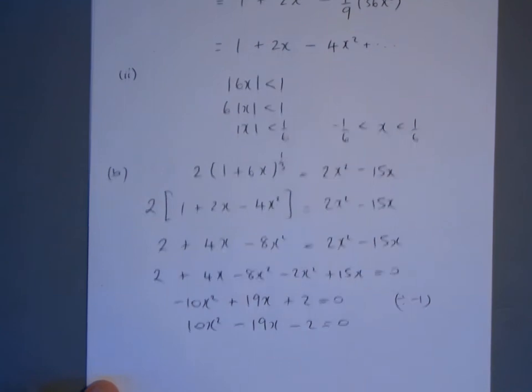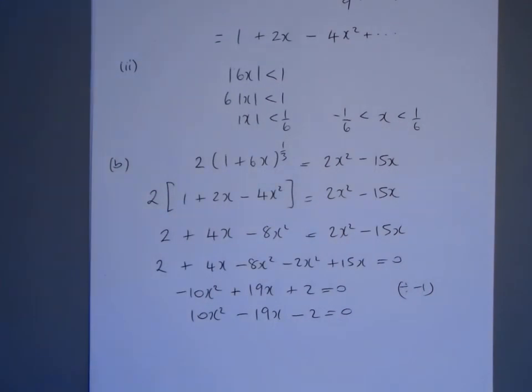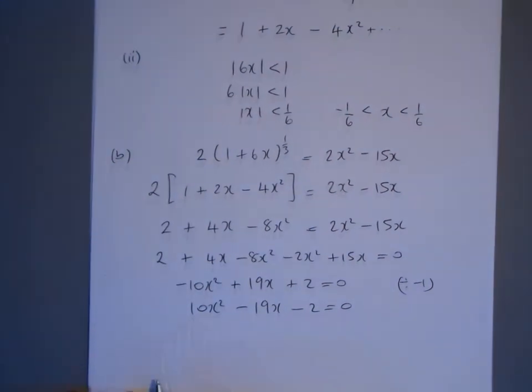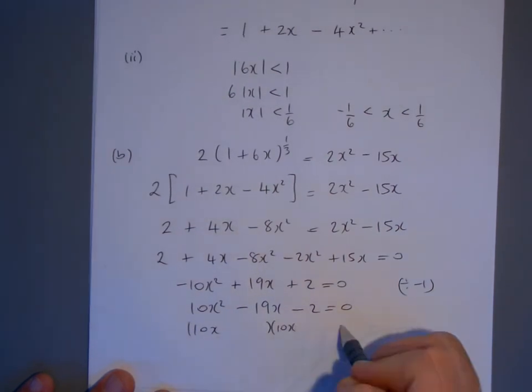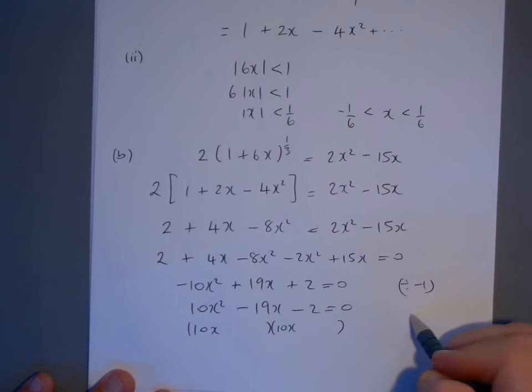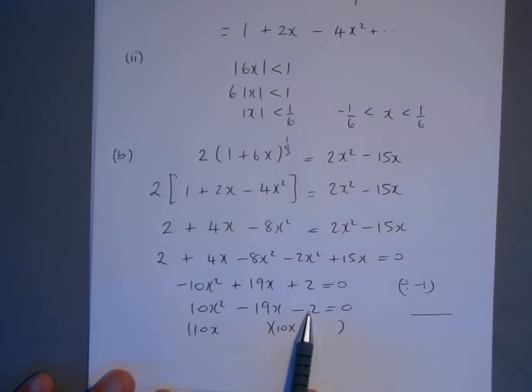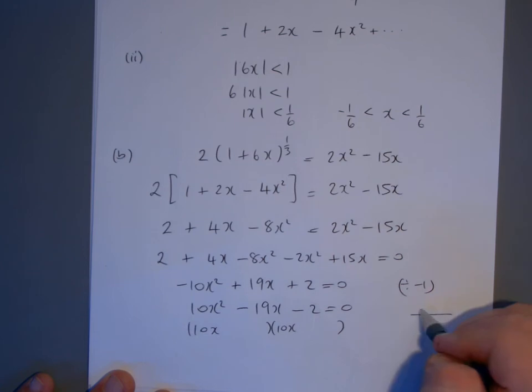And now we've got a positive quadratic. So now we've got to factorize it to get the two solutions out, where we could use the quadratic formula. Let's factorize it. So the method that we normally use is put 10x in both brackets. Over here, of course, because there's a number in front, times that by the end number, so minus 20.